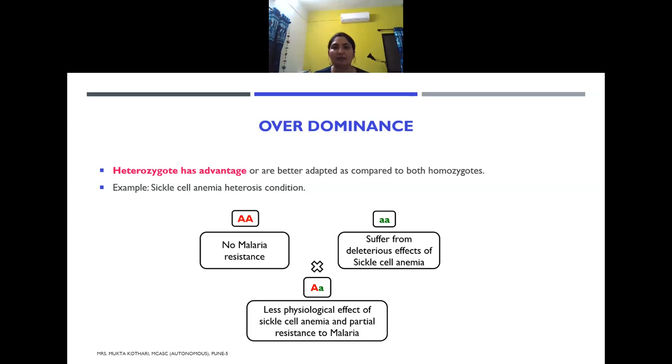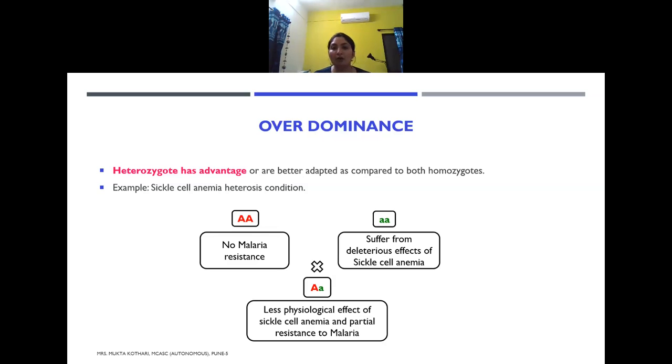In that case, the situation is really difficult for that person. It needs blood transfusions. But the heterozygote here will have both advantages. It will be partially resistant towards malaria, and it will also show less deleterious effects of sickle cell anemia.